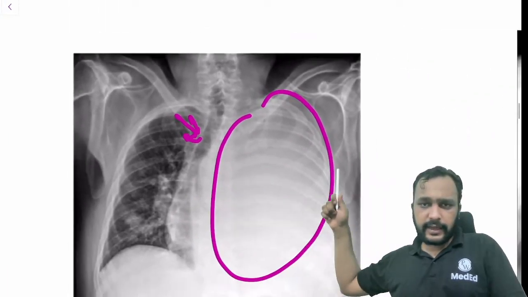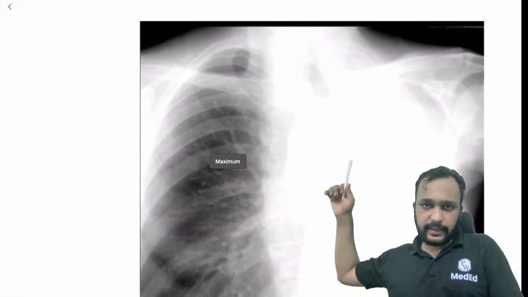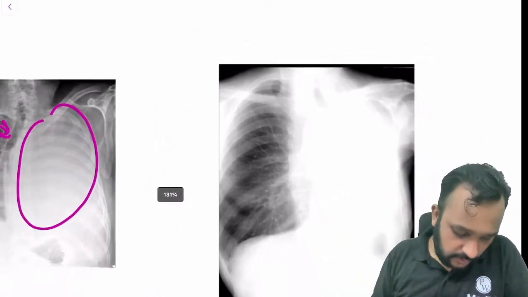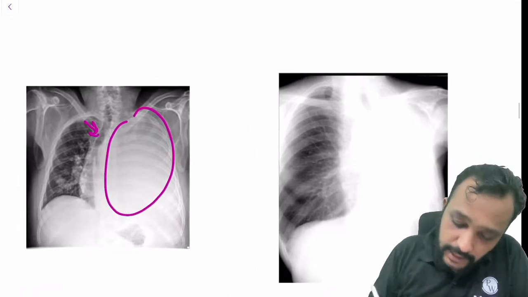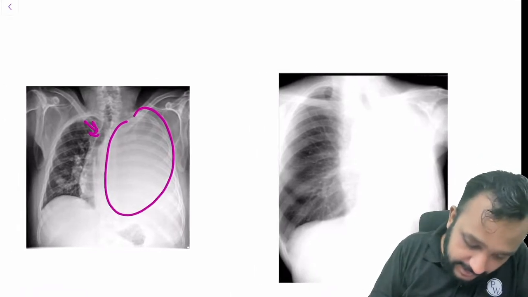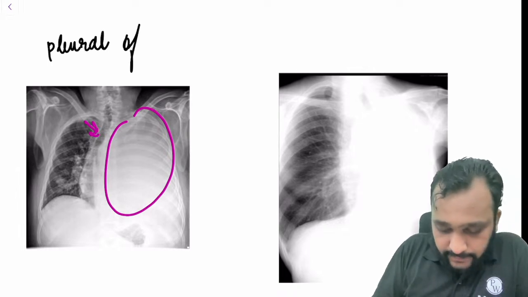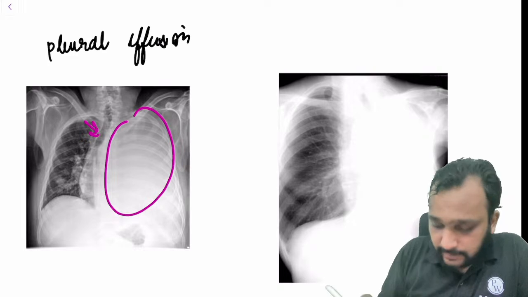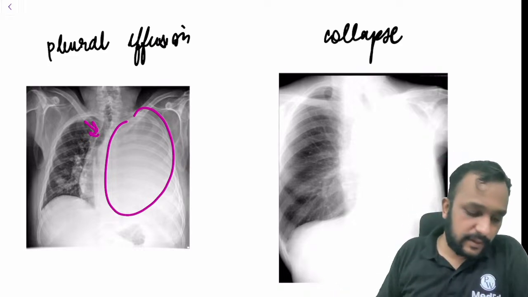Whereas in the second image, we can see that the trachea is shifted to the same side. So if the trachea is shifted to the opposite side, just remember it is a case of pleural effusion. And if the trachea is shifted to the same side, that is a case of collapse, right?